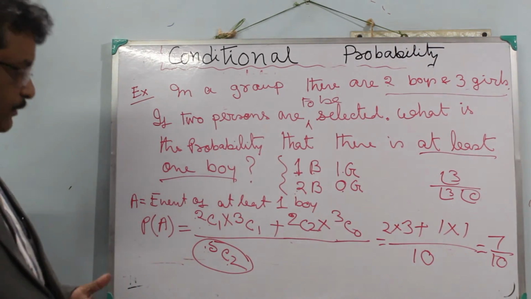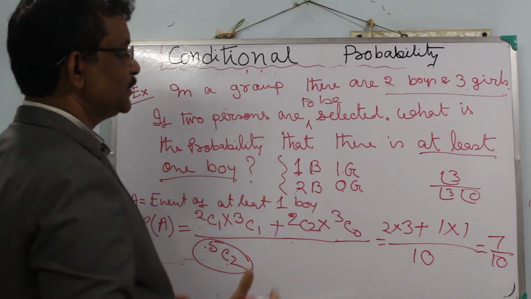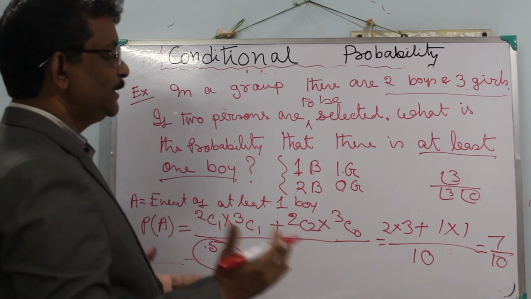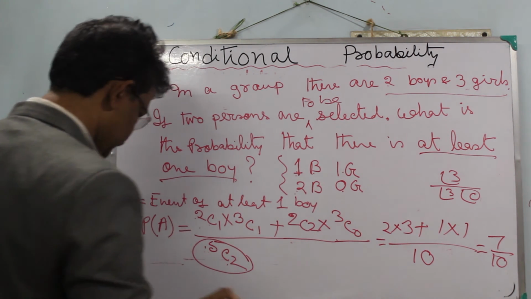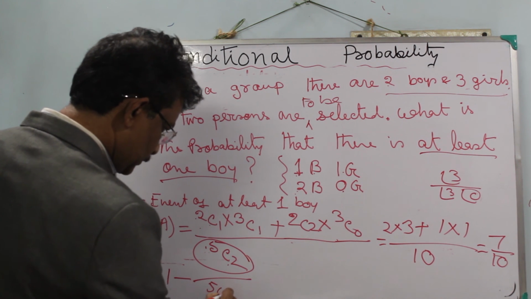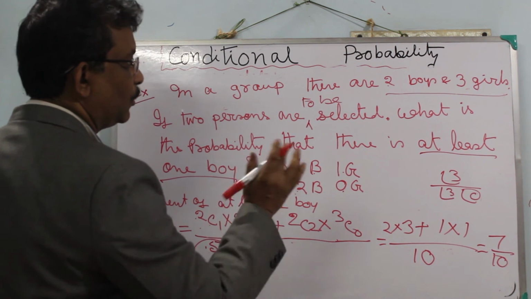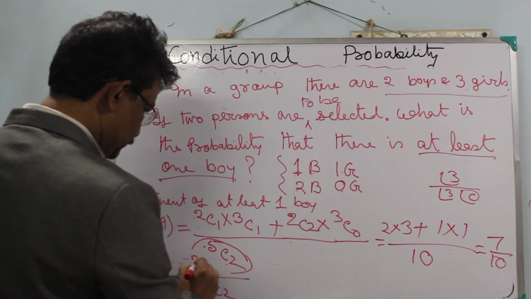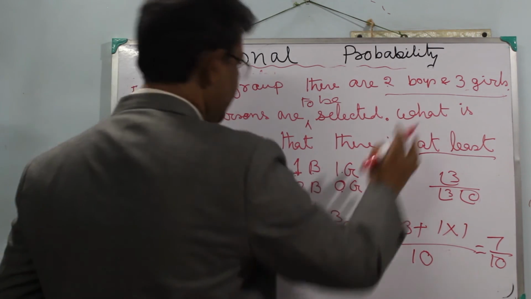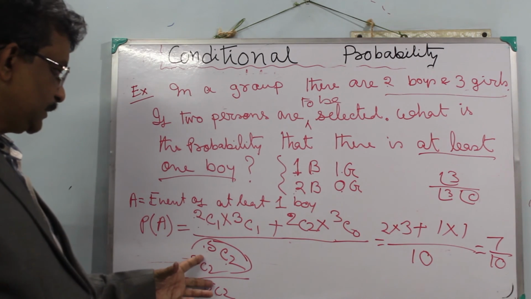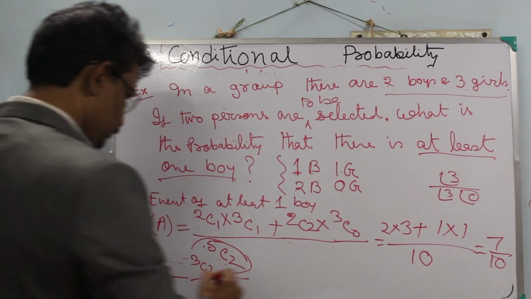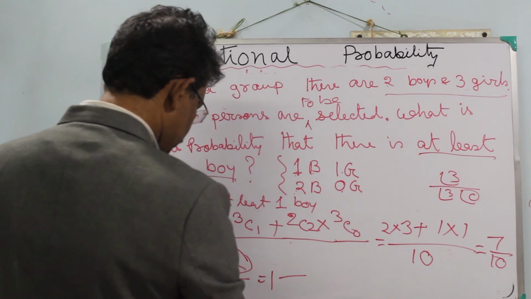Or there is an alternative way. You can say 1 minus all girls, because at least one boy means 1 minus the probability of all girls. So 1 minus 3C2 over 5C2, since the probability that both are girls from 3 is 3C2.